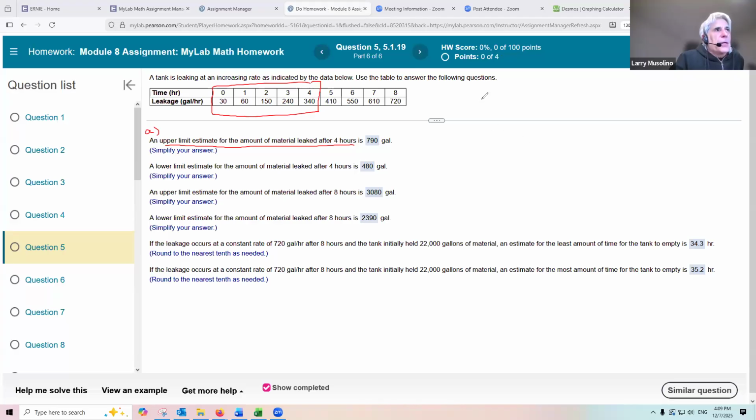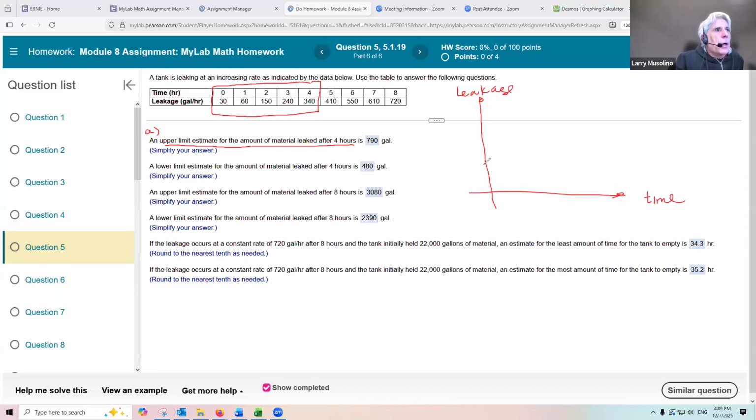All right, let me plot this just to get a sense of whether this function is increasing or decreasing. I'll explain why that makes a difference in a minute. So when the time is 0, let's plot time here and the leakage here.